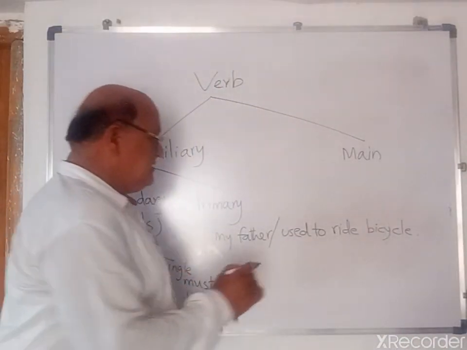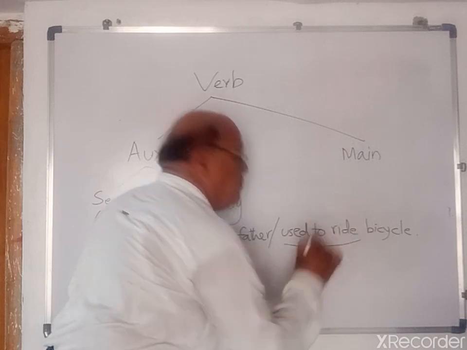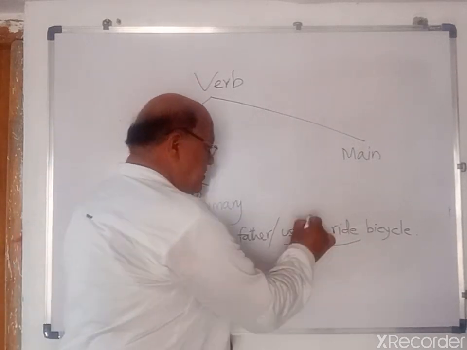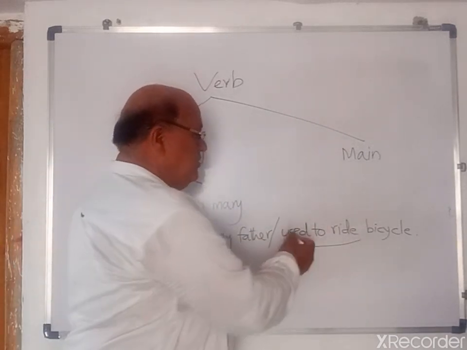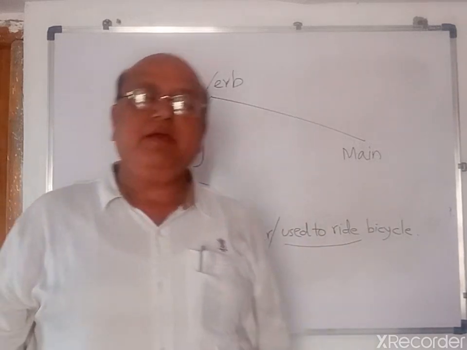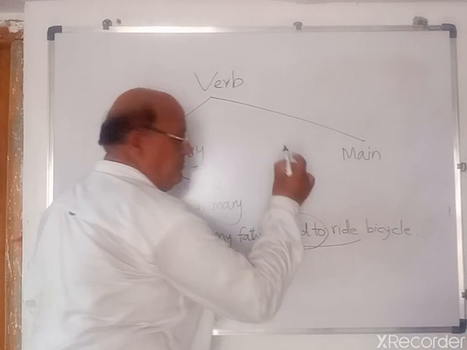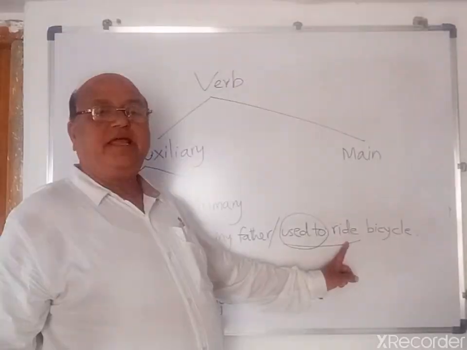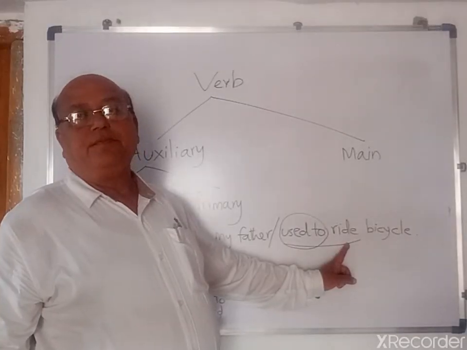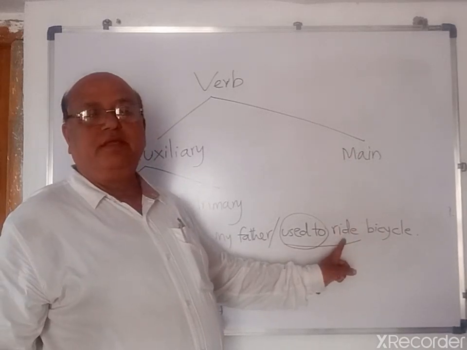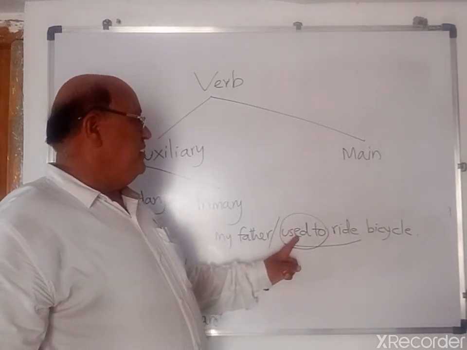Then let us divide this into two. Used to and ride. Which one will be applicable? Very good. Used to is the verb and ride is the doing word, the main verb. Then we have the word used to.